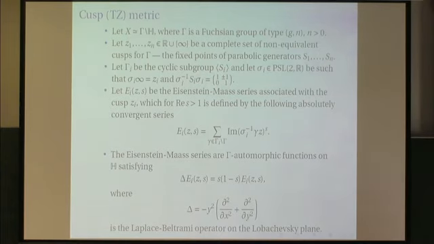And the Eisenstein-Maass series are fundamental objects. Namely, they satisfy the Laplace equation for any value of S, where delta is the Laplace-Beltrami operator on the Lobachevsky plane in the hyperbolic metric. And then, of course, they appear as a fundamental ingredient in many constructions.